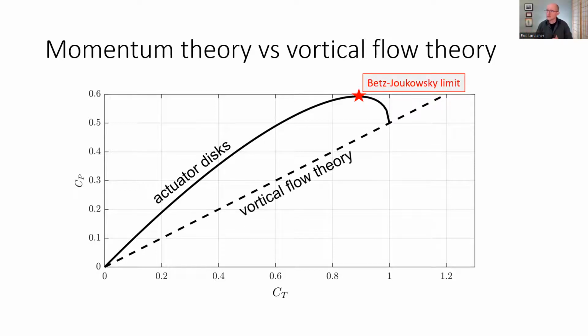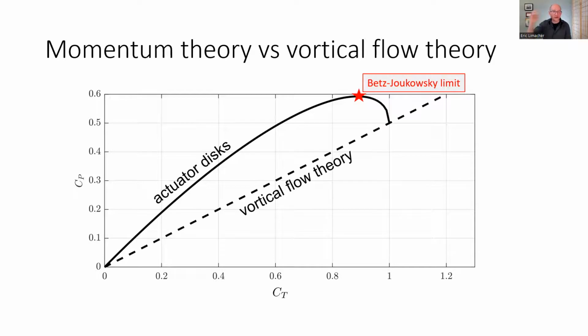Before I get on to some experimental data, I just want to point out that if true, this suggests that the Betz-Jakosky limit that we're all used to is simultaneously too optimistic and too pessimistic. It's too optimistic because if we restrict our attention to thrust coefficients under 1, which we're accustomed to doing, then the Betz-Jakosky limit is not attainable in terms of the power that it predicts.